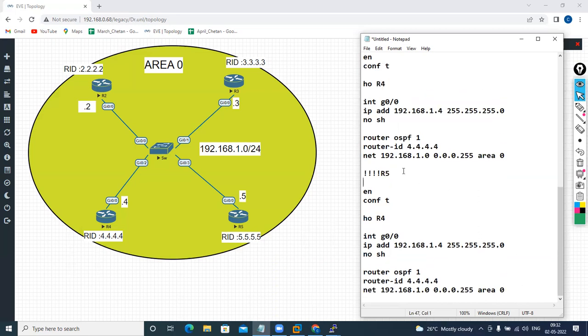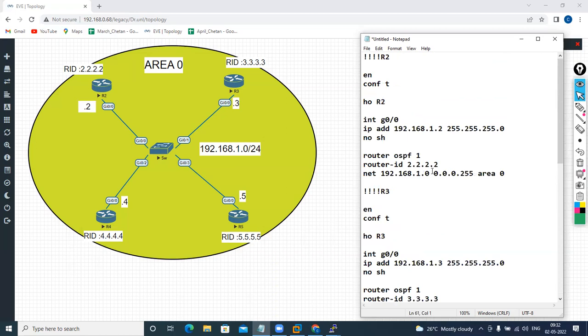So on R5, the address will be .5. Now enable OSPF on 1.0.